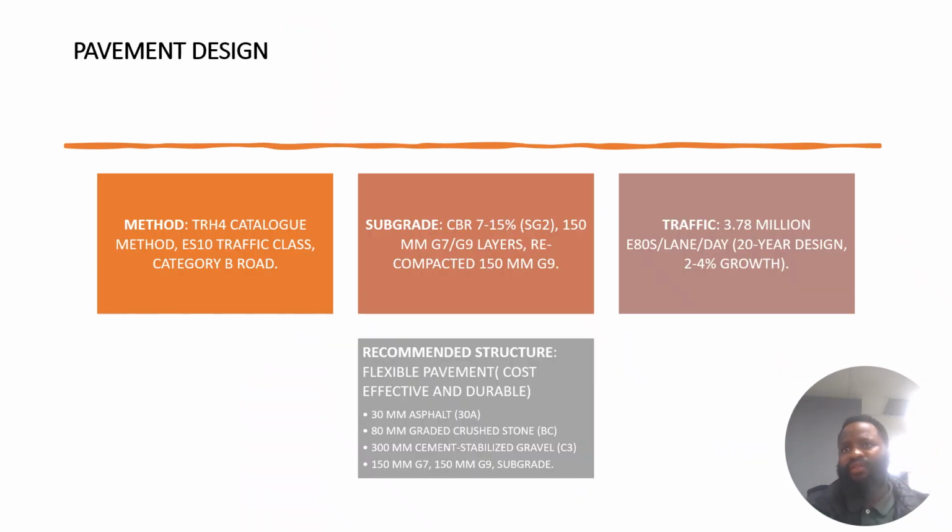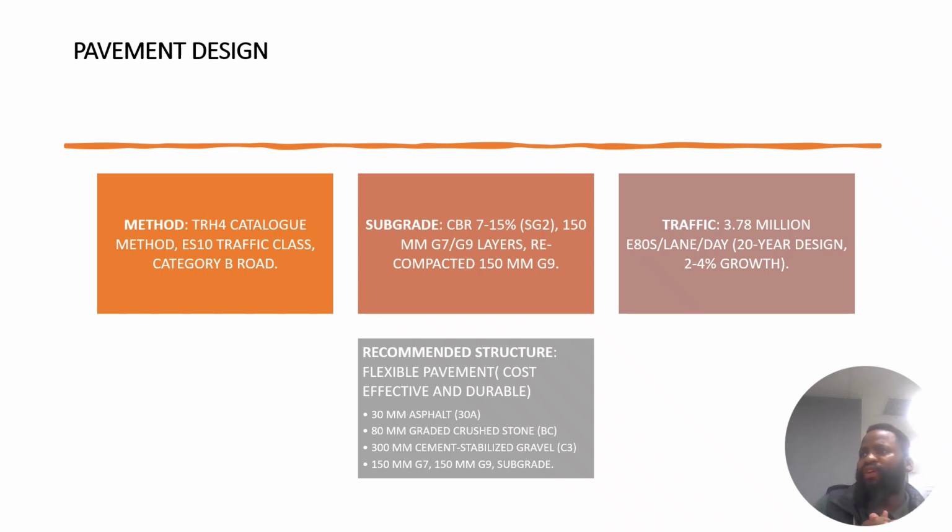The pavement design. The method we're using is the TRH4 catalog method, considering ES10 traffic class, category B road. The subgrade was assumed to have a CBR of 7 to 15%, with class SG2, so you have a subgrade with 150 mm of G7, G9 layers, and rip and recompacted 150 mm G9.